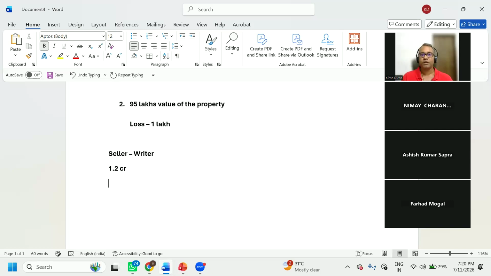You need to honor the contract. The one key important part: seller cannot say no. Please always remember this because this is very, very important.